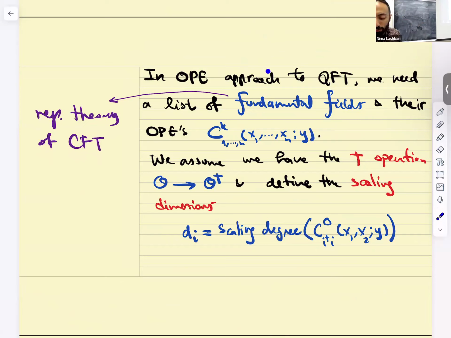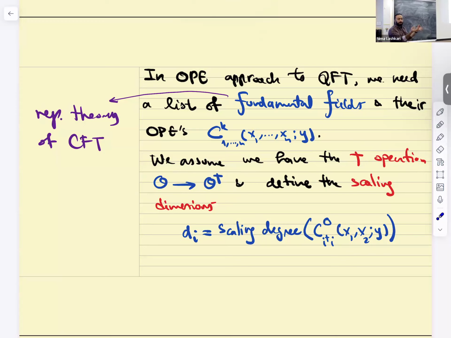In the OPE approach to quantum field theory, we need a list of fundamental fields and their OPEs. We also have a dagger operation, so all these fundamental fields also come with their daggers. There is another important notion that was just discussed.